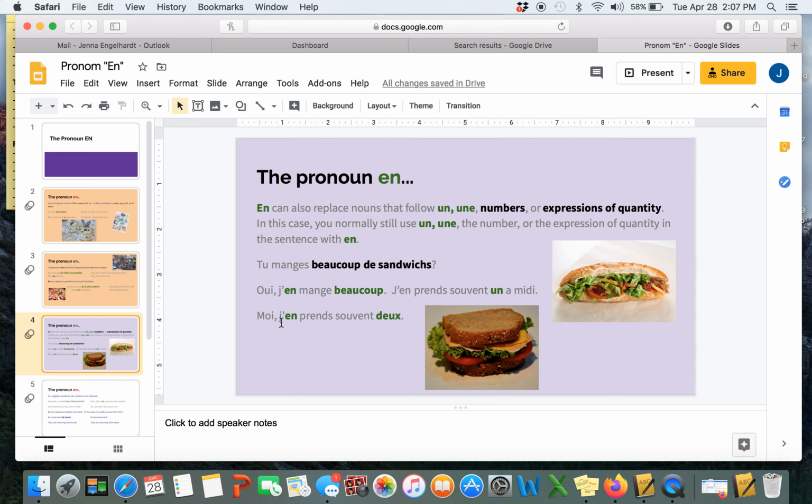So any of those partitive expressions that we talked about a few weeks ago are going to come into play here with the pronoun en. It's kind of difficult for me to explain without just showing you how to do it. And I think the cheat sheet makes it seem easier than probably this presentation. So at the end of this presentation, I'm going to pull up that cheat sheet and show you how to use that.